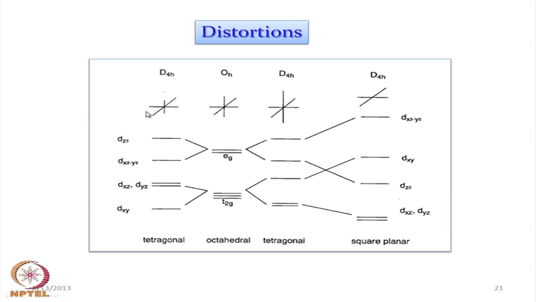And now if we go in the opposite direction, that is known as tetragonal compression. So this is tetragonal elongation on the right hand side, and on the left hand side it is tetragonal compression. In the case of compression, the ordering for the elongation is completely reversed.